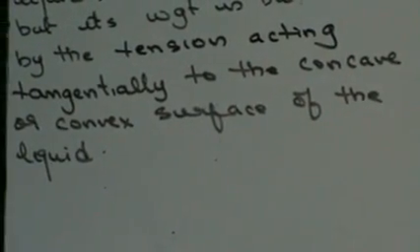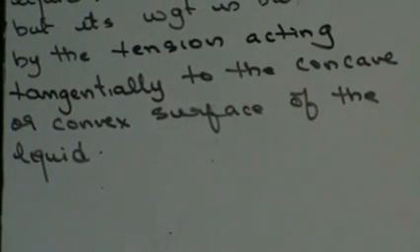Fine. Now, that clearly shows that the surface of the liquid is always under certain tension, right? The liquid is going to take a shape wherein it has a minimum surface area, that is, minimum energy on the surface.